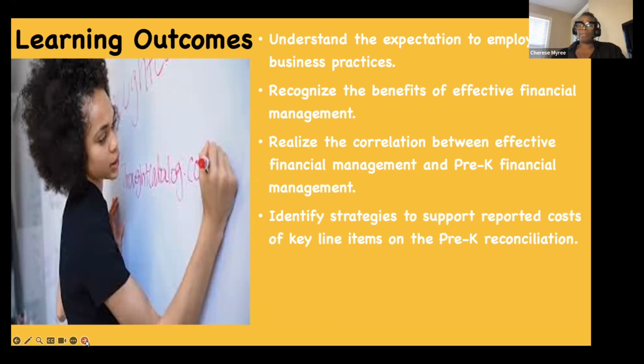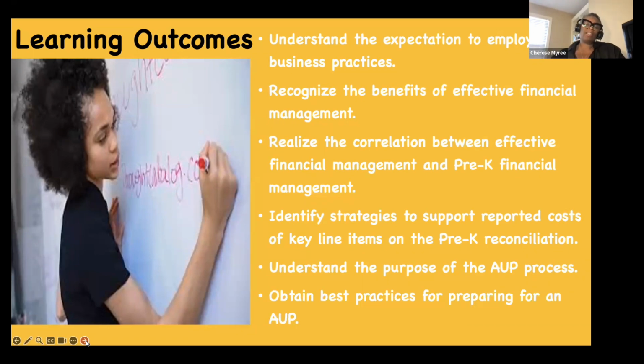You'll walk away with some strategies to help you support those expenses that you report on your pre-K reconciliation, and you will have a better understanding of the purpose and the process associated with an agreed upon procedures review. And finally, we hope you'll walk away with some best practices when it comes to preparing for an agreed upon procedures review if you are in fact selected.